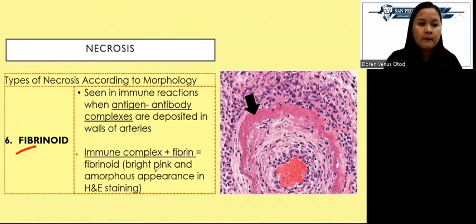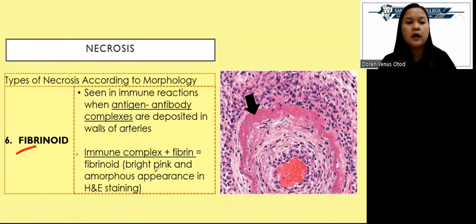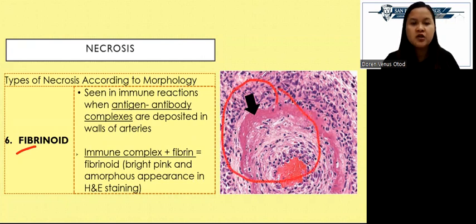So it involves your immune complex. So immune complex plus the fibrin can result in fibrinoid. So in this picture, this is an artery with an accumulation of fibrinoid. So its appearance histologically is bright pink and amorphous in H&E staining.